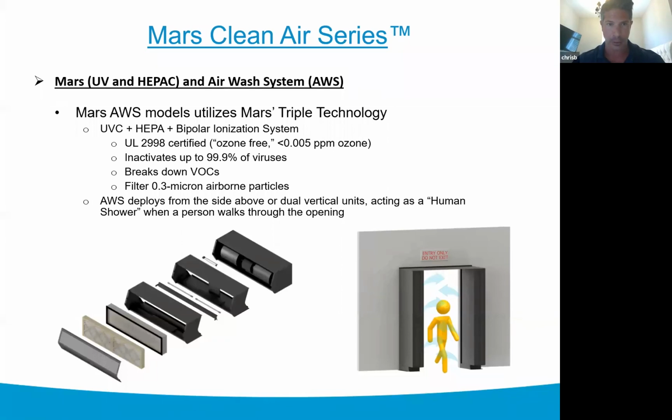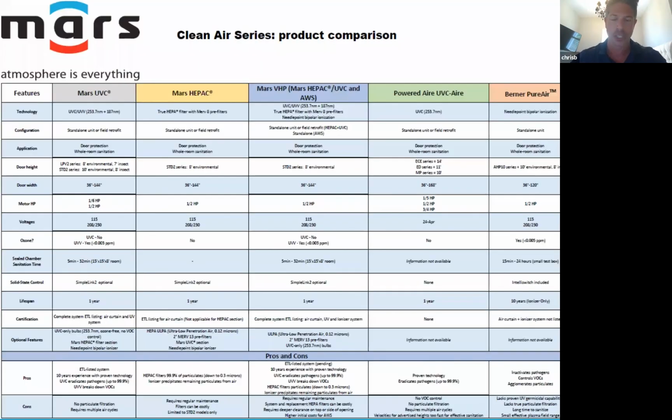All three of those technologies are on each side, and we're blowing that air across. A lot of meat processing facilities, a lot of food distribution, a lot of clean room applications, ER applications, those are really where we've been getting a lot of positive feedback with these three technologies incorporated into the air curtain itself. Think of that as a human shower.